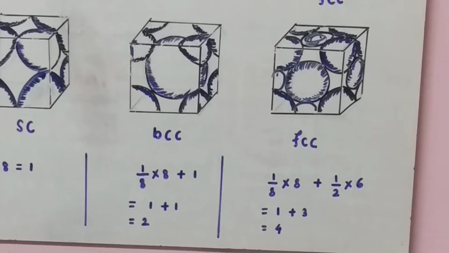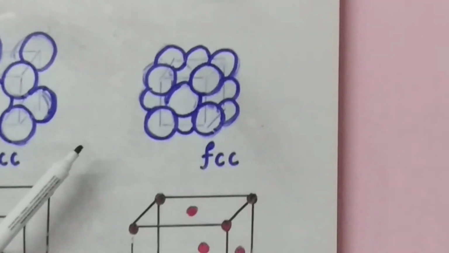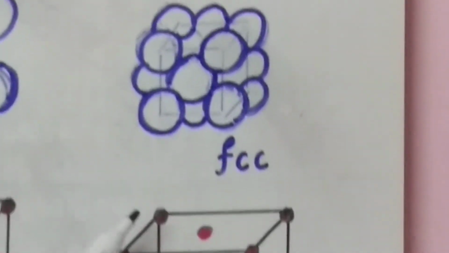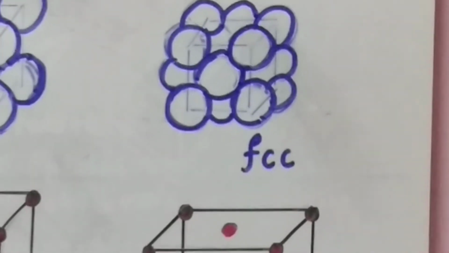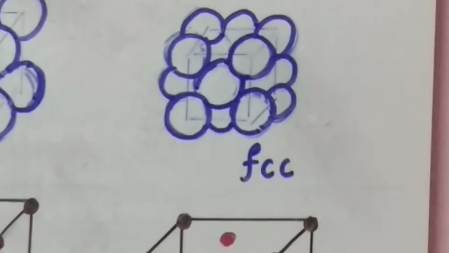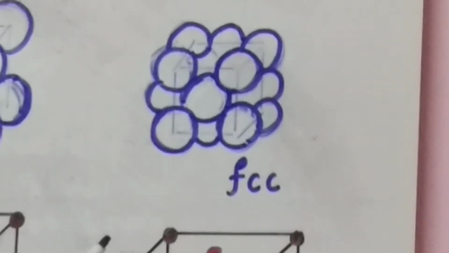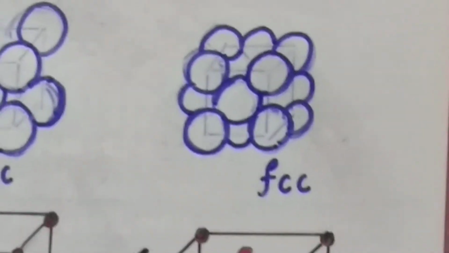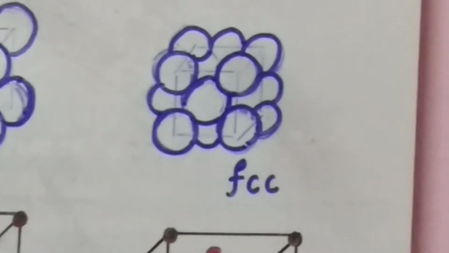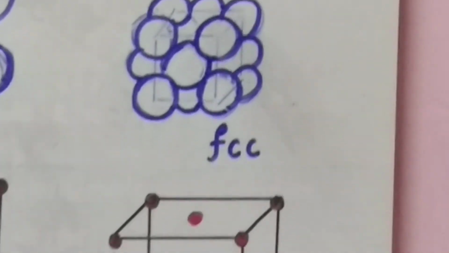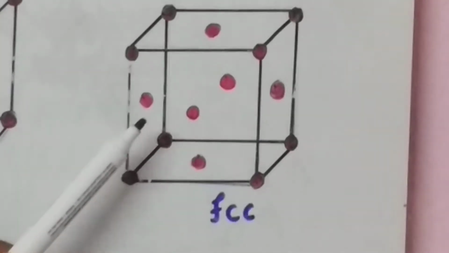And then third, face centered cubic unit cell. It has particles at the 8 corners of cubic cell. In addition, atoms are present on each of the 6 faces of that unit cell.